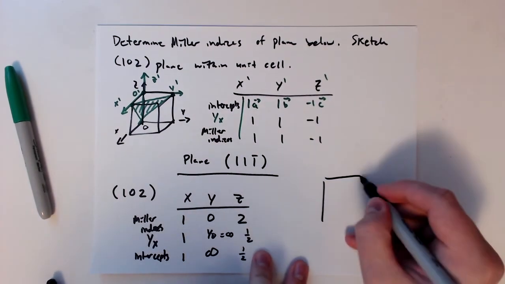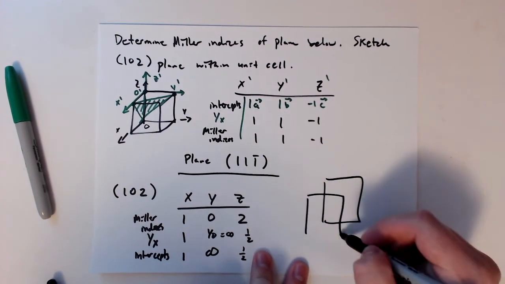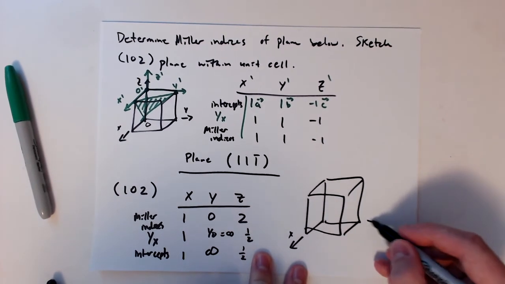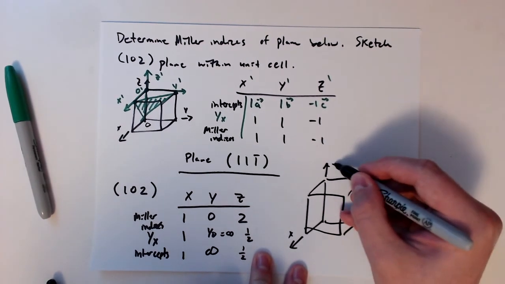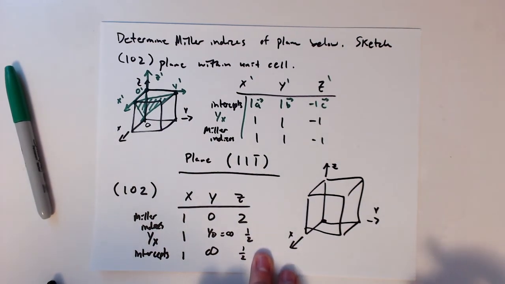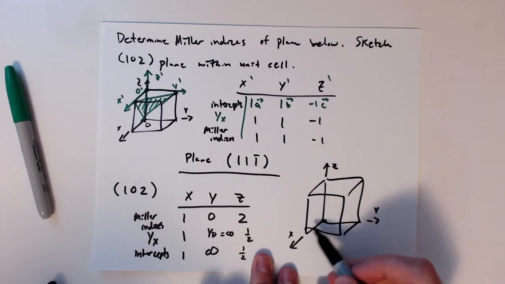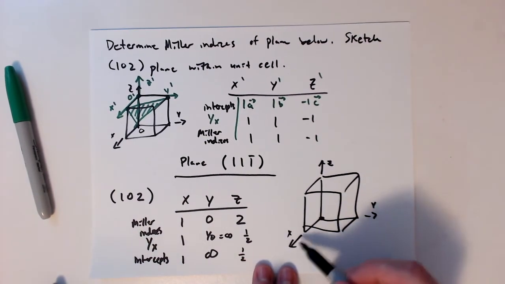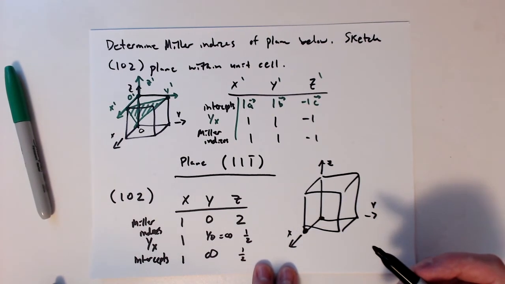So let me draw a quick unit cell here. This is the x, y, and z axis. This is my origin here, like we've done before. And now we've already got our intercepts. It intercepts the x-axis at 1, so I'm going to draw a point.